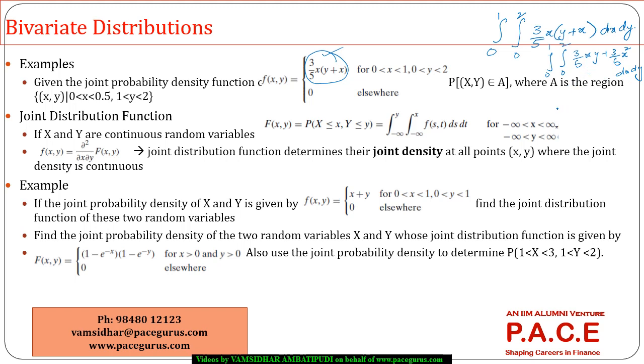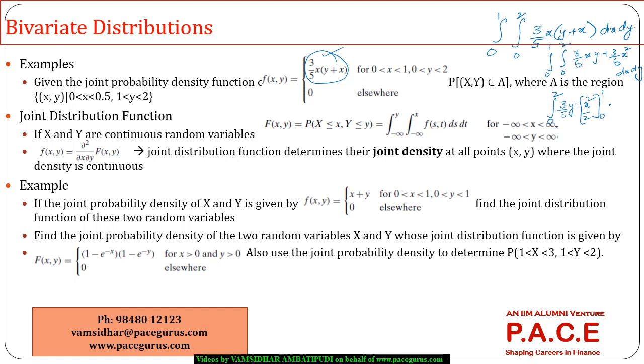So this one will become, y will still continue 0 to 2. With respect to x I will take the integration. So it becomes 3 by 5y times, so this becomes x squared by 2 between 1 and 0.